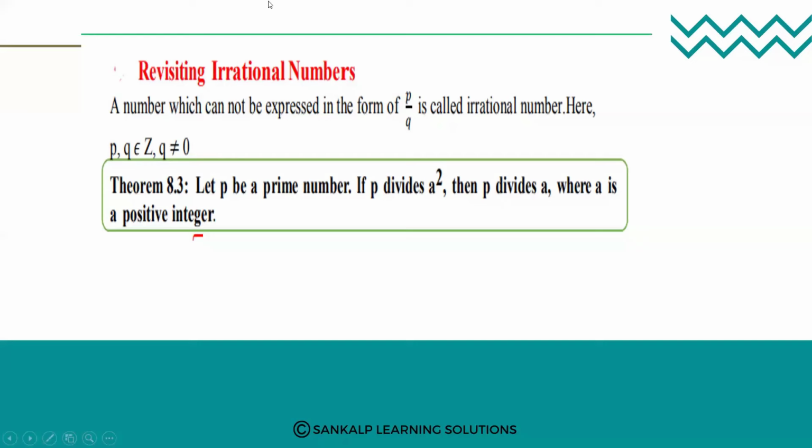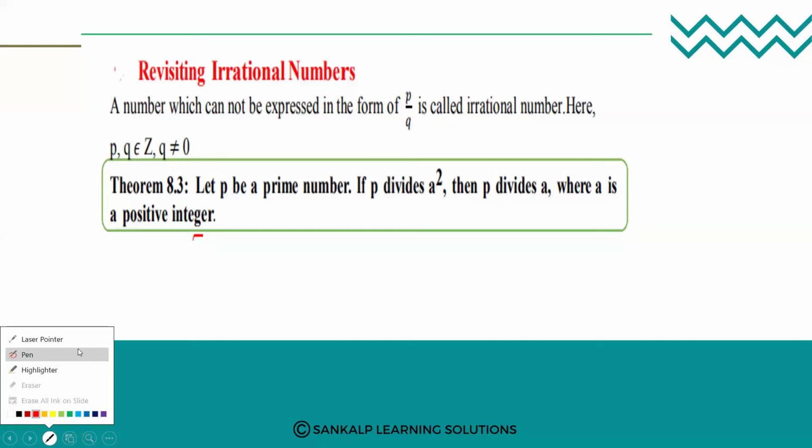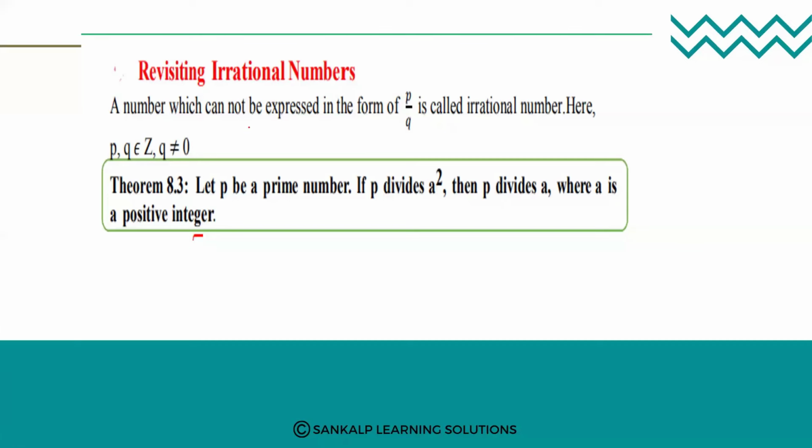If we can express a number in the form p by q, then it is a rational number. Can you give me examples of irrational numbers?